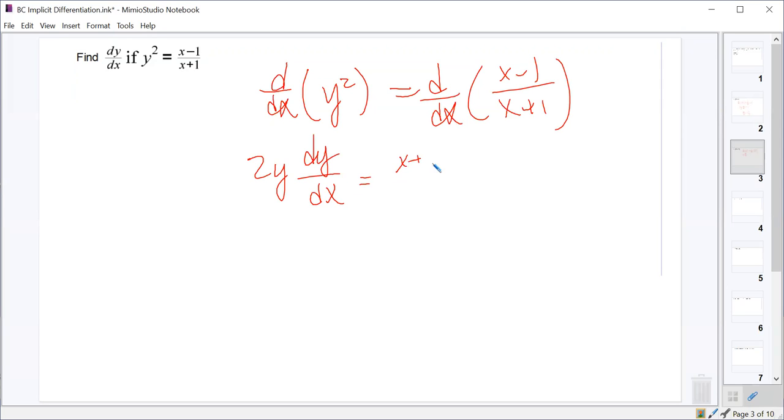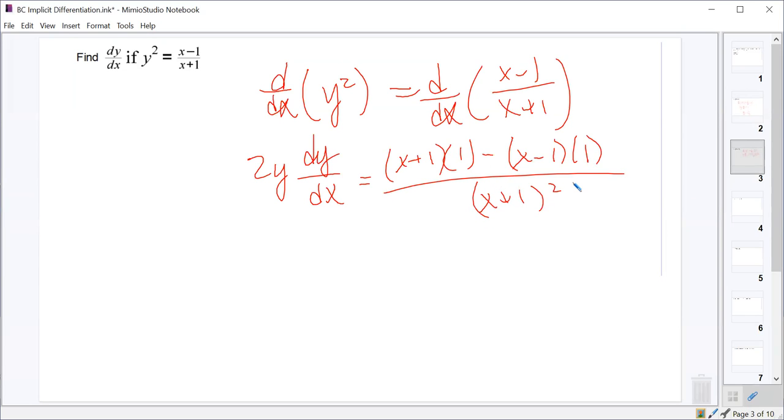Go ahead, x plus 1 times 1, minus x minus 1 times 1, all over x plus 1 squared. And if we distribute all this out on the numerator and distribute the minus sign, the x and the minus x will go away, and we have a 1 minus a negative 1, so that's a 2.